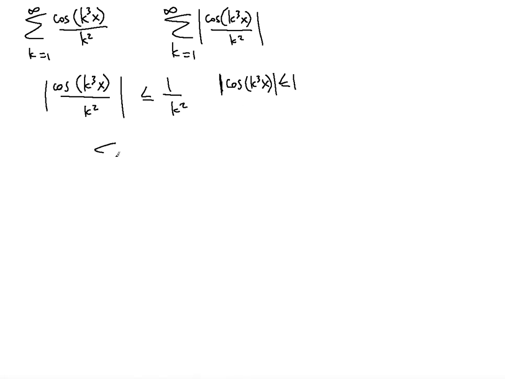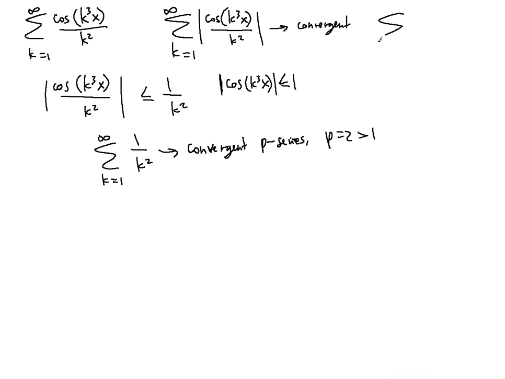Now we know that the series of 1 over k squared is a convergent p-series, right? Because the p-value here is 2, which is greater than 1. That's why it's convergent. Since we have a larger series that is convergent, then the smaller one must be convergent as well.